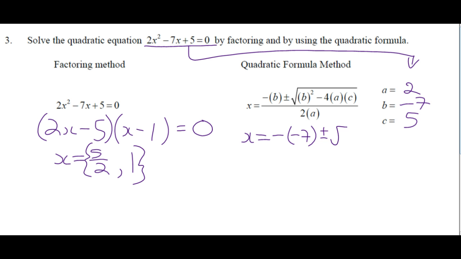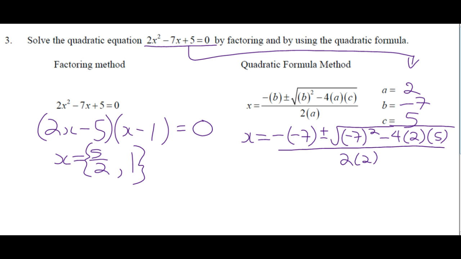You have to write down both, because there are two answers. That's why it's plus or minus. Then b squared, and remember we put the b in brackets, squared, minus 4 times 2 times 5. Extend the radical sign so it goes over the whole thing, all over 2 times a, which is 2 times 2.